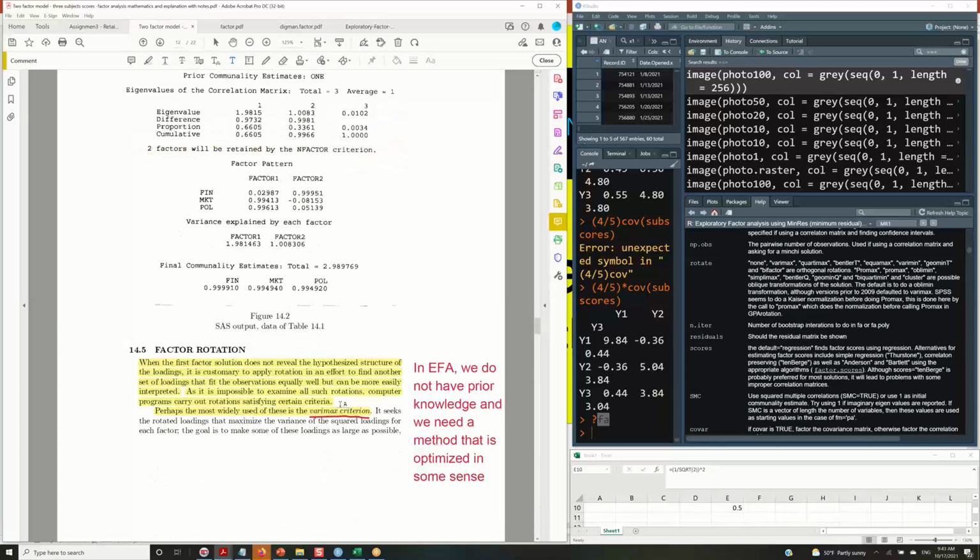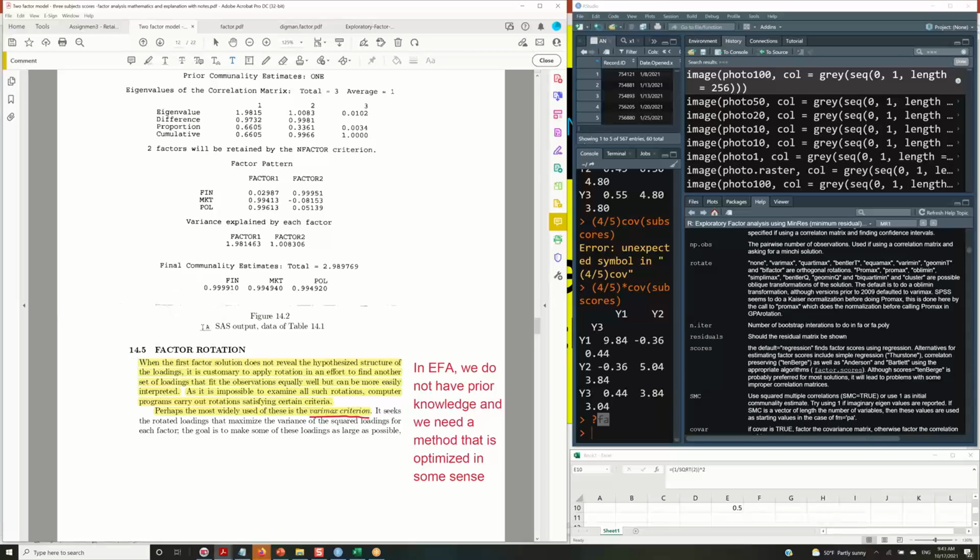When the factor loadings do not reveal the hypothesis, this is where you should specifically seek factor rotation, when the loadings are not supporting your hypothesis. You think something when you are doing the analysis; you engage with the data.